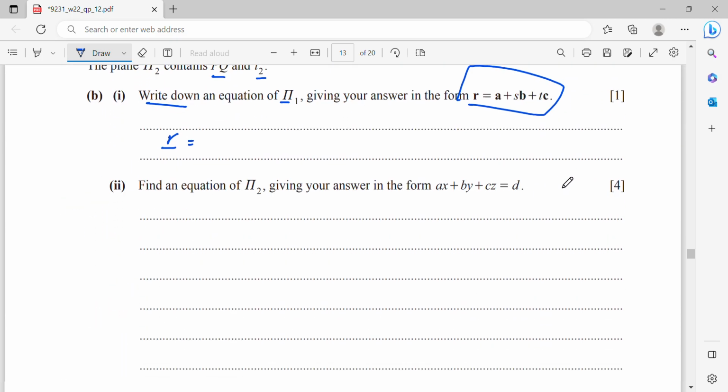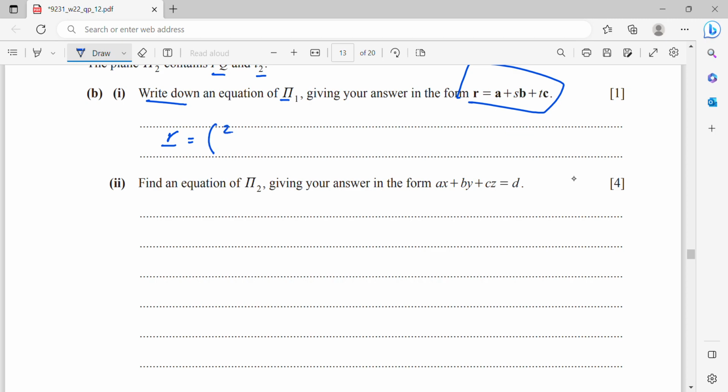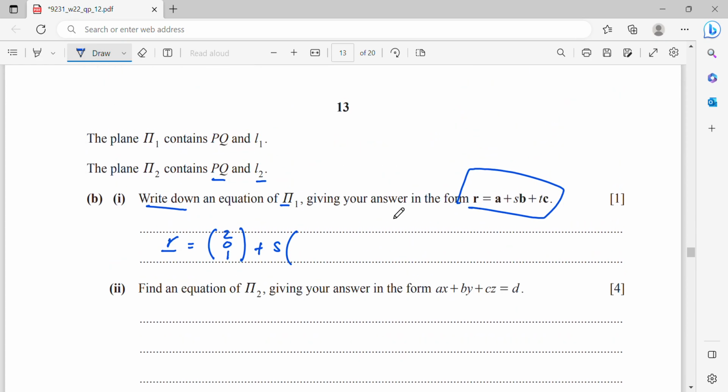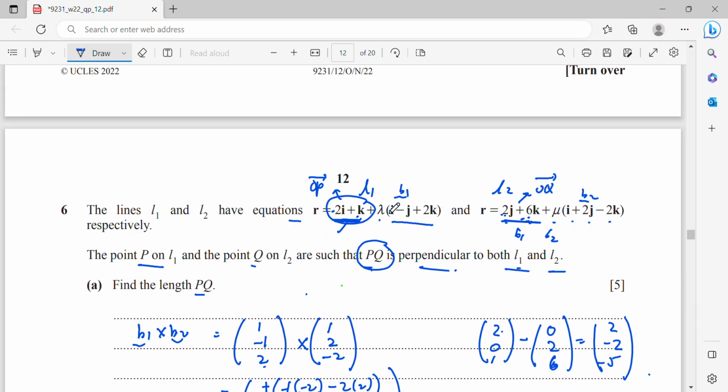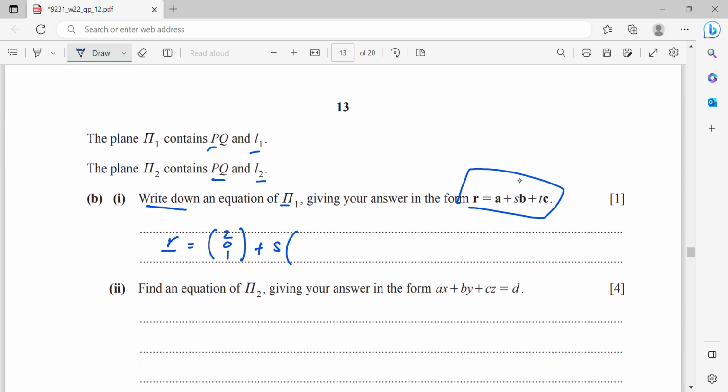Okay, my first point, plus s. Now what is the direction? The pi 1 contains PQ and L1. So the L1 has direction vector 1, minus 1, 2. And at the same time, it also has PQ. So here you write 1, minus 1, 2 first, plus t, the direction vector of PQ.